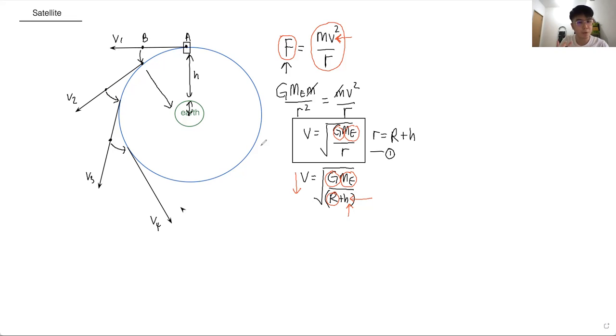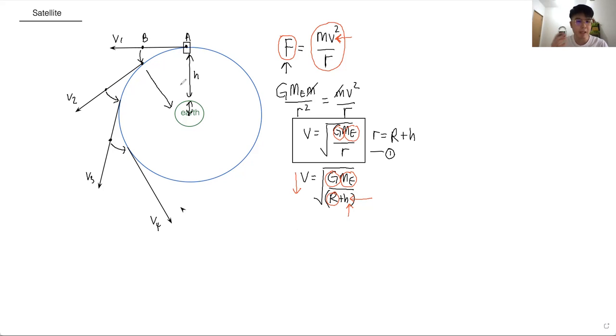Now you can also prove it. You can prove it mathematically like this one, or you can prove it conceptually. Think of it like, if it's close to the Earth, then the force of attraction would be very large. Because the force is very large, if the satellite wants to keep itself moving in orbit, then it has to move very fast to counter the strong gravitational force.